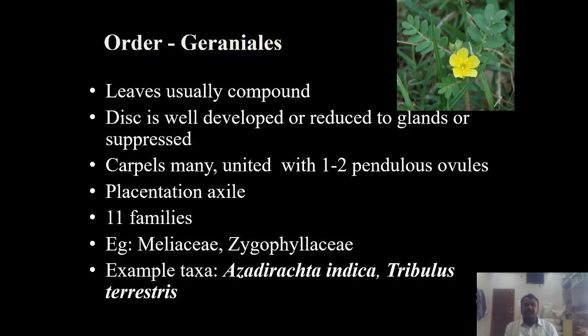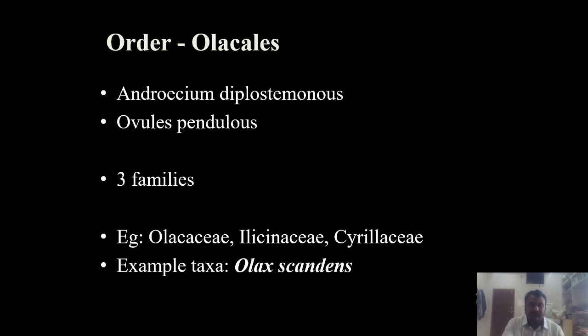If the placentation is again axile, 11 families were recognized in Geraniales. One of the examples, Multiovulatae and Gympnospheres. Example for these, Agile recta indica and Tribulus terrestris.